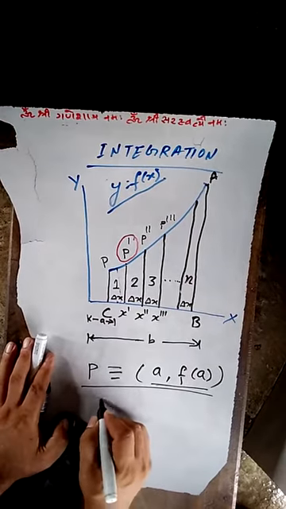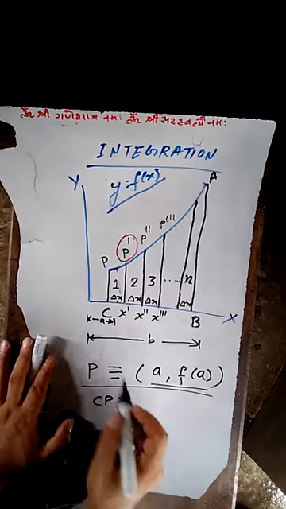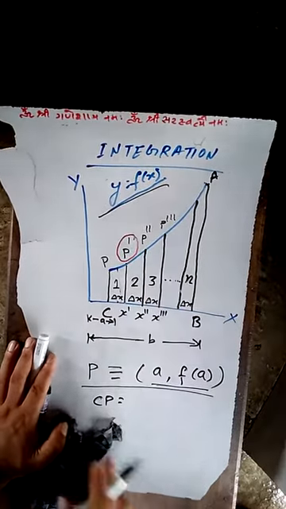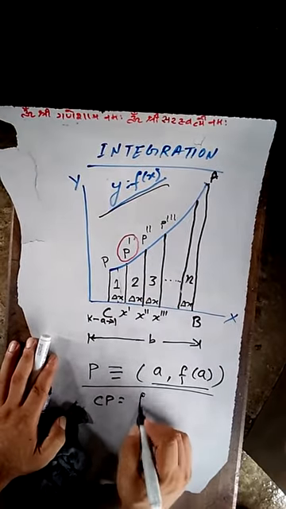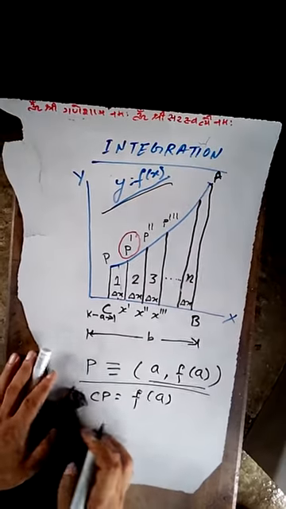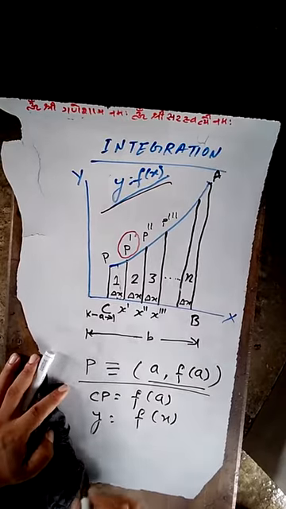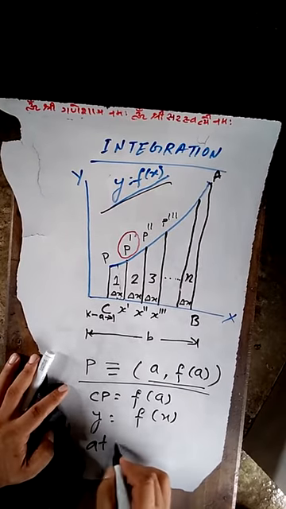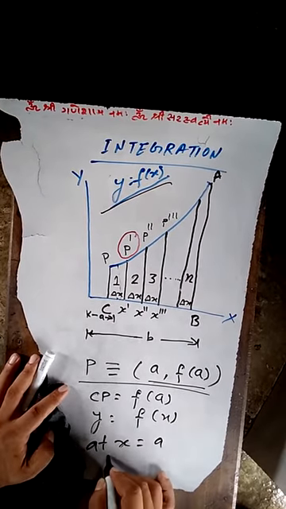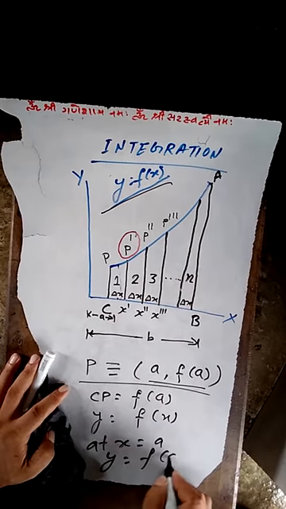Here cp is the y coordinate, as y is a function of fx. So cp will be fa. Why? Because y is a function of fx. So at a particular value x equal to a, the y will be fa.